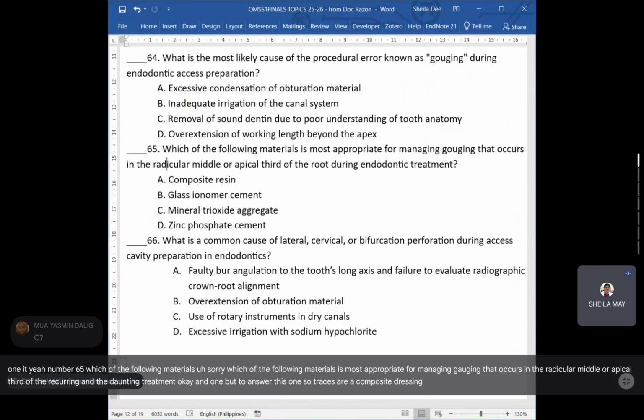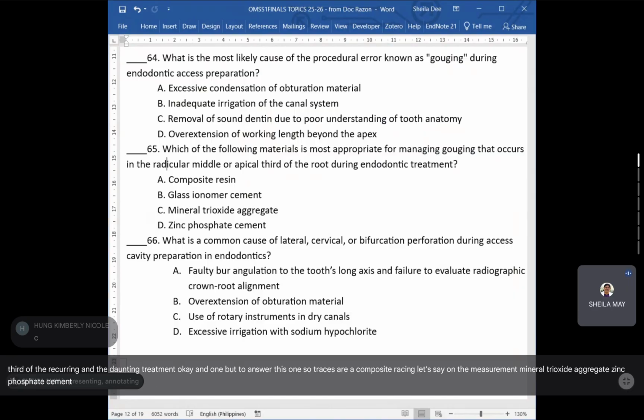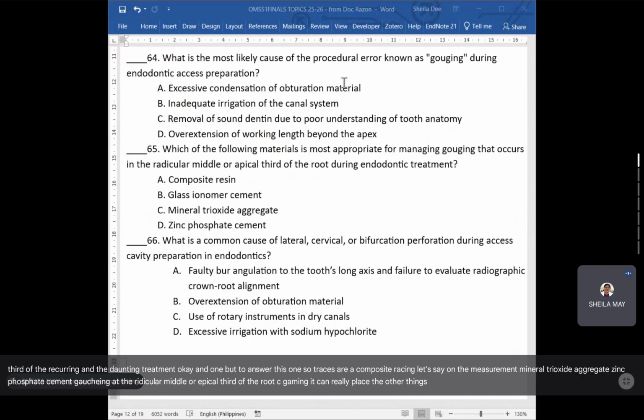The choices are composite resin, glass ionomer cement, mineral trioxide aggregate, zinc phosphate cement. C, mineral trioxide aggregate. You can't really place the other materials at the radicular middle third.